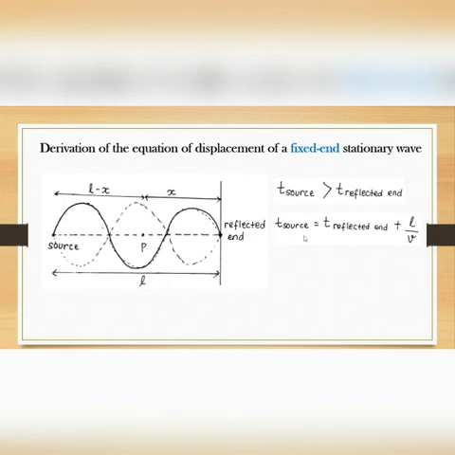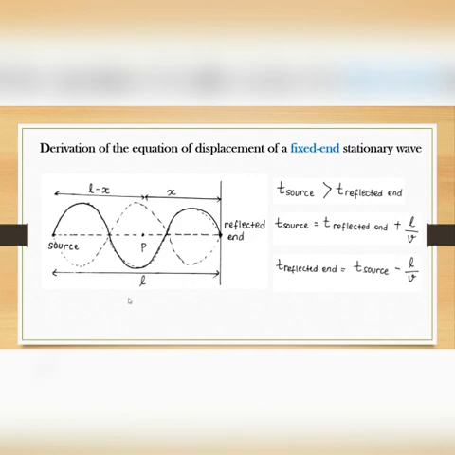So here we have T source equals T reflected end plus L over v, or when we want to find the T of the reflected end, it will be equal to T source minus L over v. Remember, L over v is the time needed by the wave to move from the source to the reflected end.